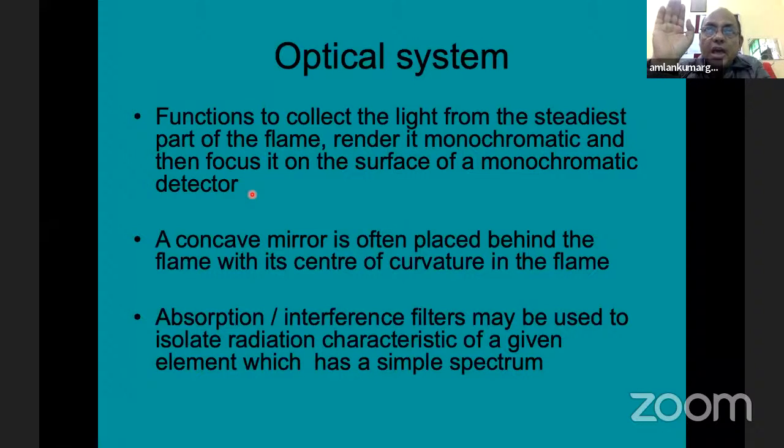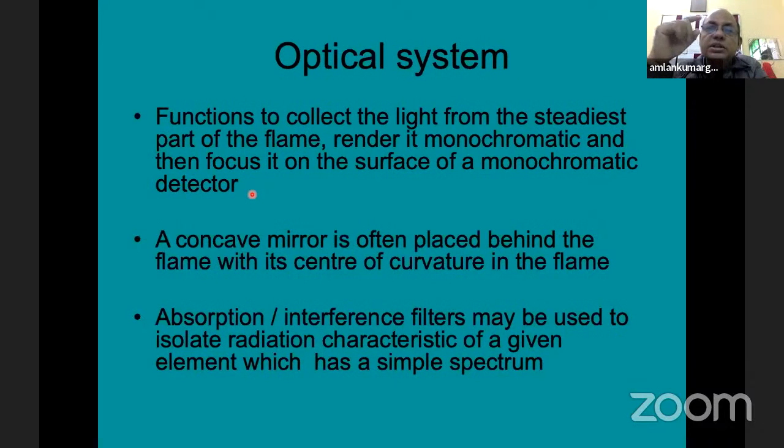So if we want only that wavelength to be measured, then we put a filter in between the flame and the detector. So only radiation of potassium can pass through this filter. Filters are called monochromators because they allow light of only a particular wavelength to pass through. That is why in a flame photometer, you might have noticed that there is a disc that is to be rotated before starting your analysis work.